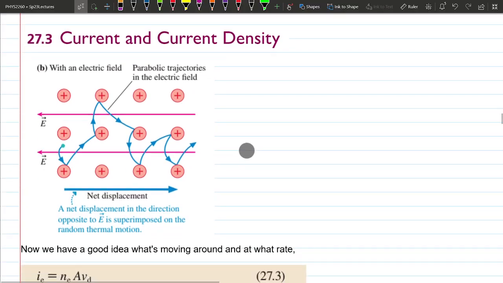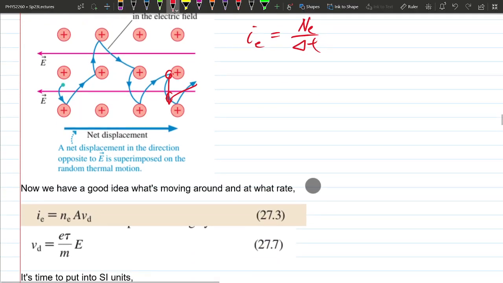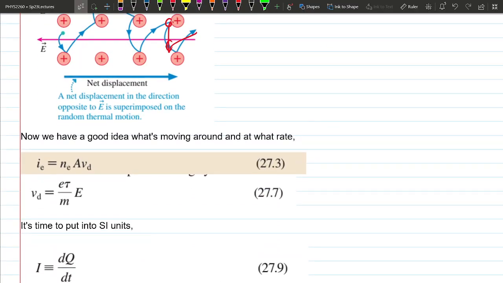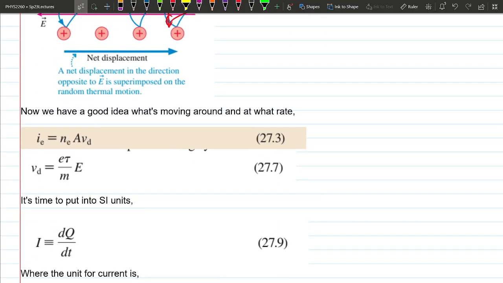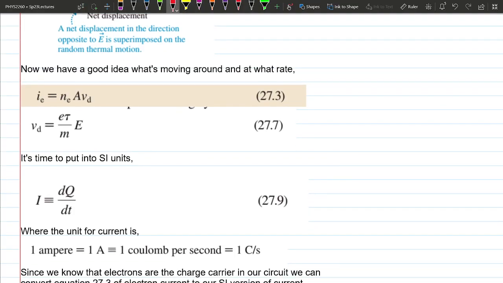Okay? So far we talked about electron current. Remember, the electron current is just how many electrons are moving per unit of time. So we're trying to keep track of this electron as it's moving around in the conductor. Okay. So now we're going to change it. We're going to be quantifying things in terms of SI units instead, okay?